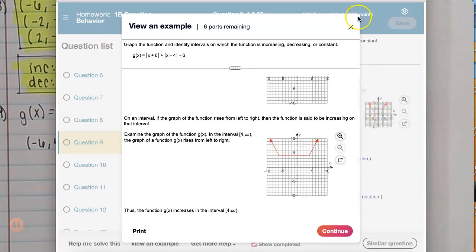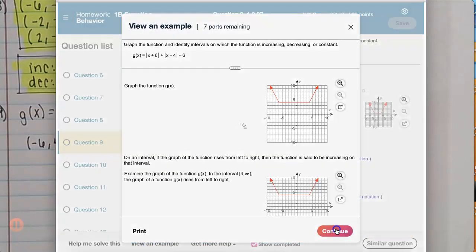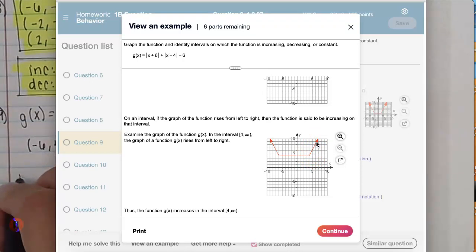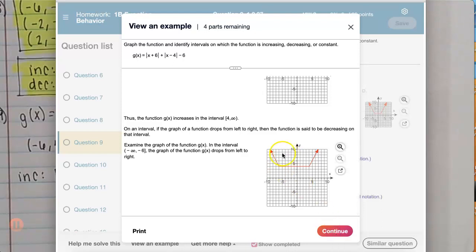All right, so is it multiple choice here as well? No, this one you have to fill in. Okay. So it is increasing from here to here, so positive 4 to infinity. It is decreasing from here to here, negative infinity to negative 6.